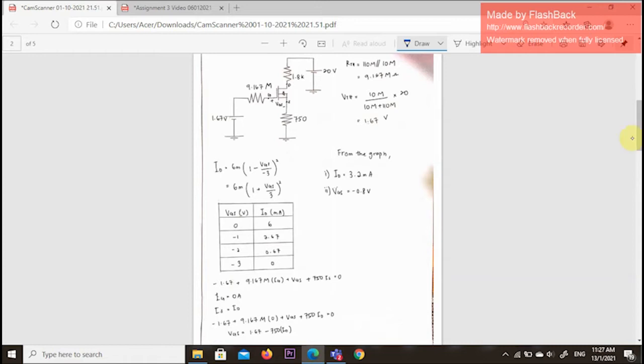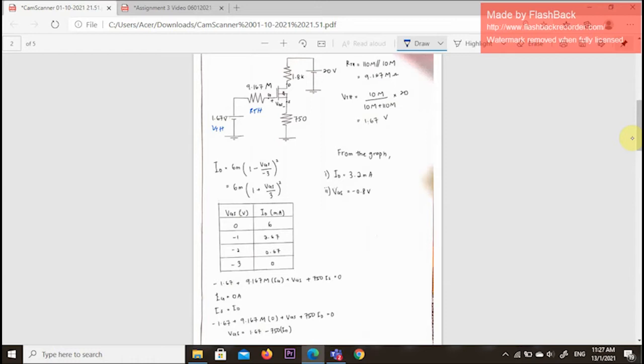So we put it here. This is the value of RTH. To find VTH, 10 mega divided by 10 mega plus 110 mega, times 20. So we get the value of VTH as 1.67.